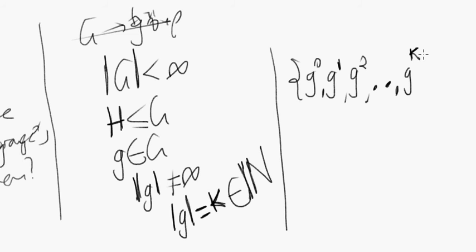I mean, is there a need to continue? Because g to the k, wouldn't that just give us the identity? Because if the order of g equals k, doesn't that mean that g to the k equals the identity? So if g to the k equals the identity, why include g to the k here? Don't we already have it here as g to the 0?